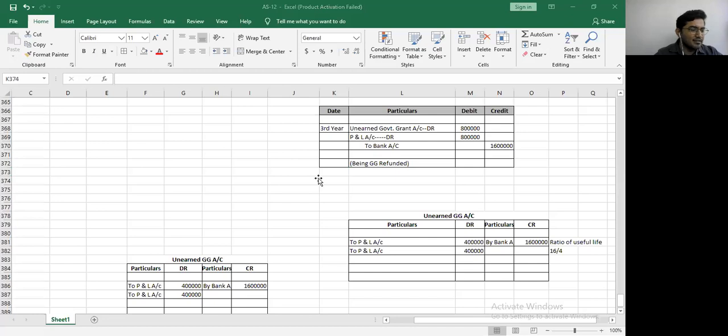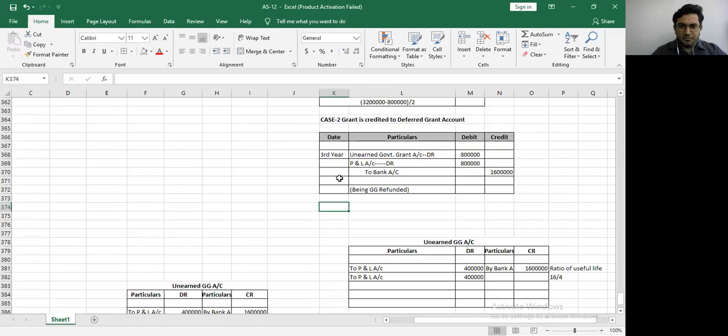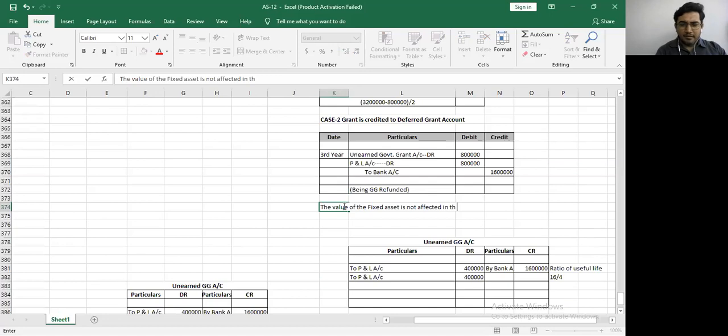Please understand that. The value of the fixed asset is not affected in the income approach.